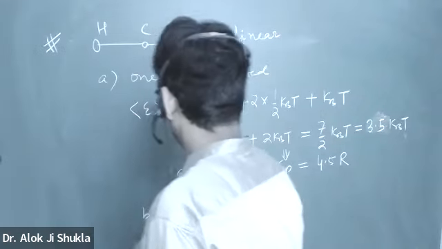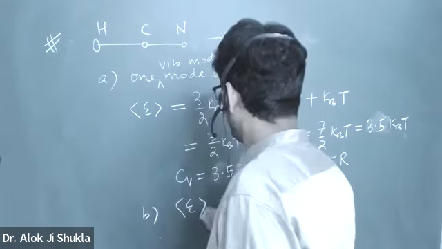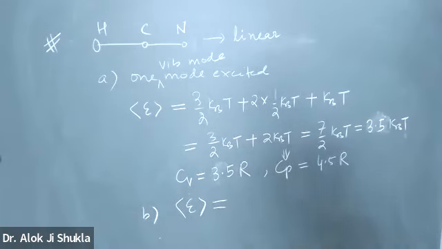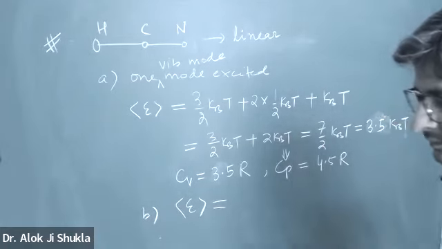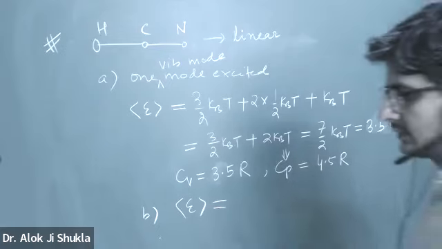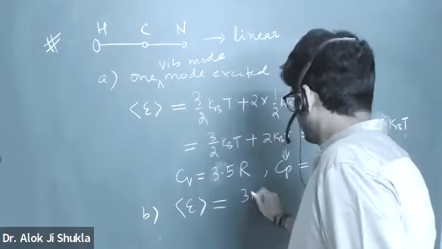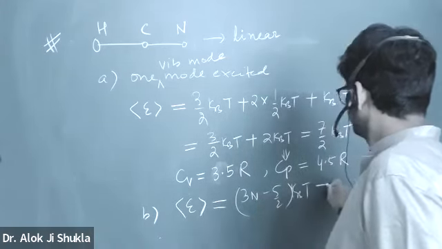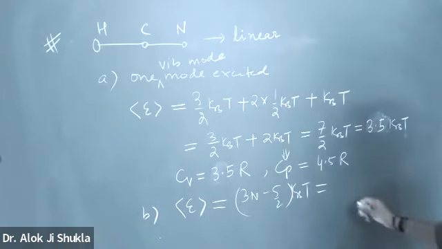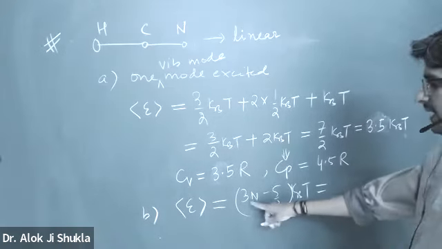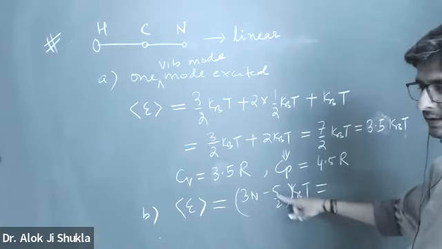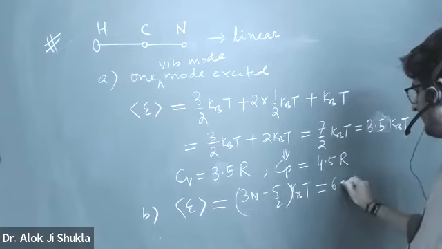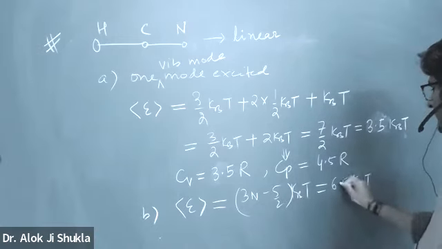And B, if all modes are excited, what is the average energy? Tell me the formula with n. 3n minus 5/2 kBT, which is 6.5 kBT.